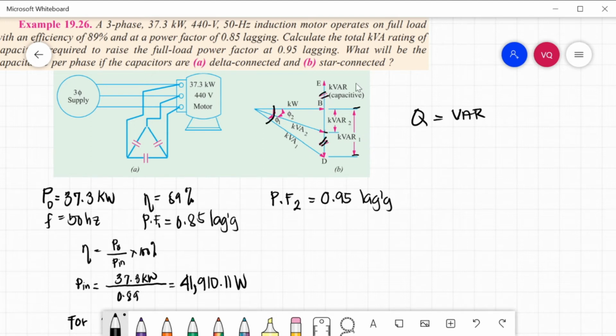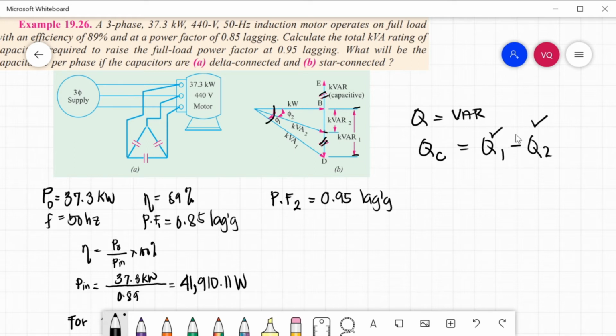To do that, this kvar here, QC, let's say QC, that is the difference between your kvar 1 and your kvar 2. It is Q1 minus Q2. But first, we need to solve for Q1 and Q2.